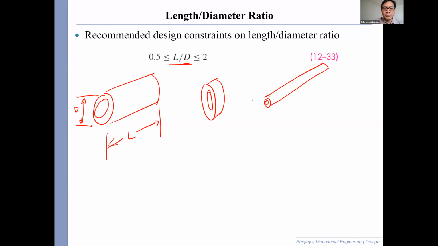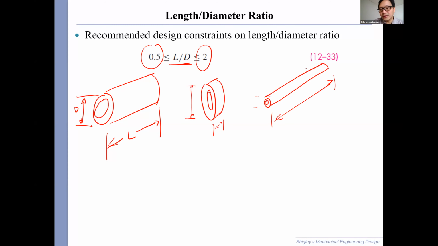That's why we have an L over D ratio ranging from 0.5 to 2 in general. So you might have a length that is half of the diameter, or you might have a length that is twice.